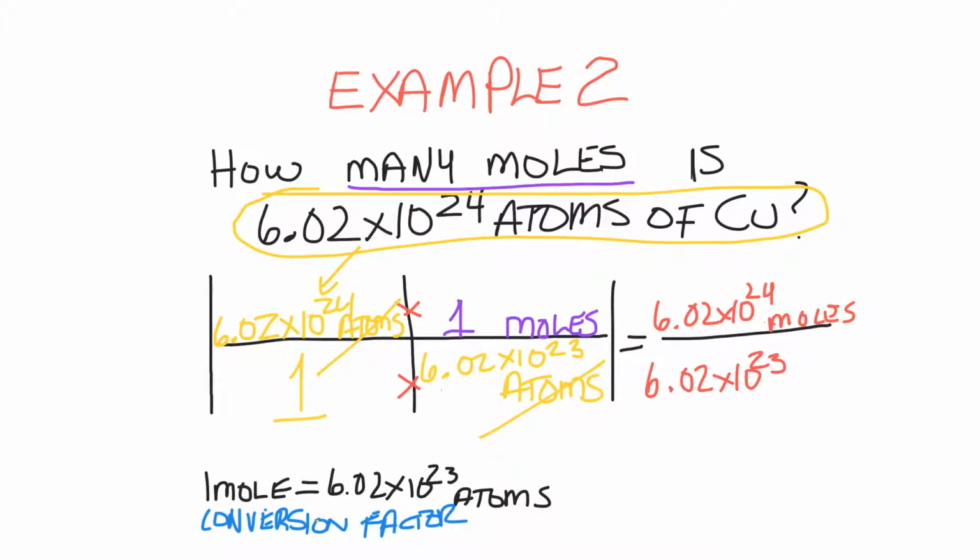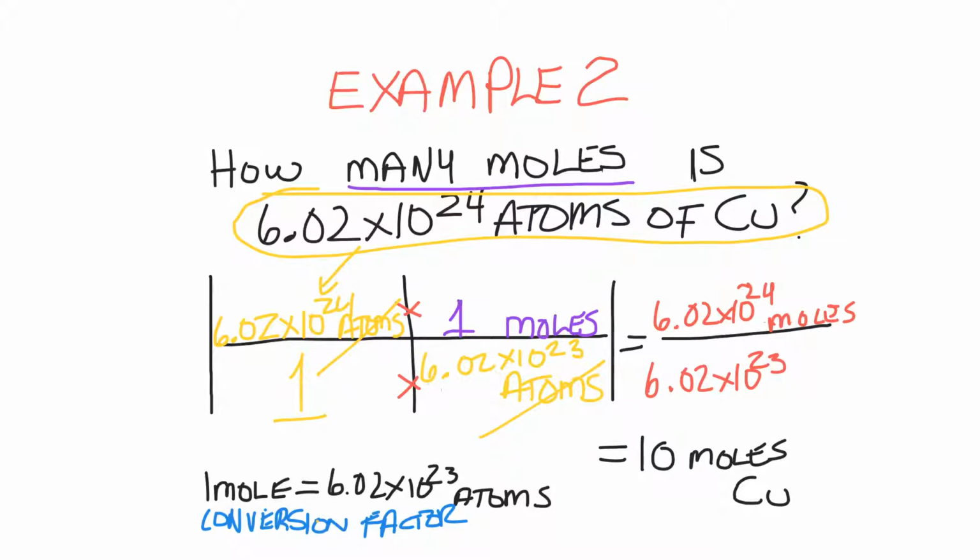All right, and again, there's no unit on the bottom, and when we do the math correctly, 6.02 times 10 to the 24th divided by 6.02 times 10 to the 23rd, the final answer is 10 moles of copper.